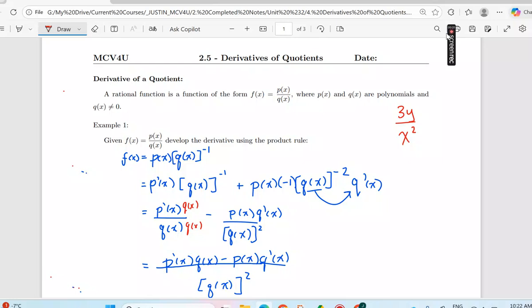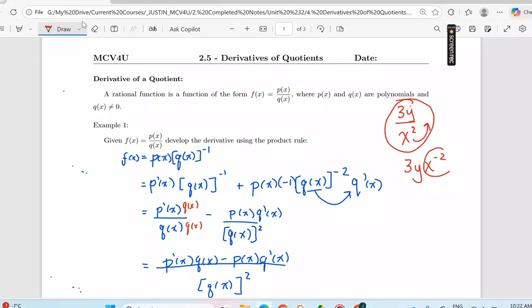To find the derivative of quotients, we're going to use the product rule to derive a way to differentiate quotients. Let's recall, if I had something like 3y over x squared, I can rewrite that using exponent rules by bringing the denominator to the top, as 3y times x to the power of negative 2.